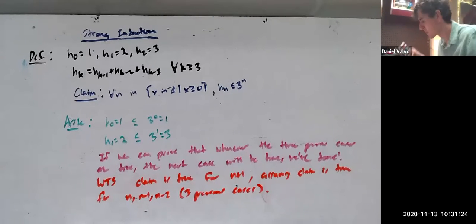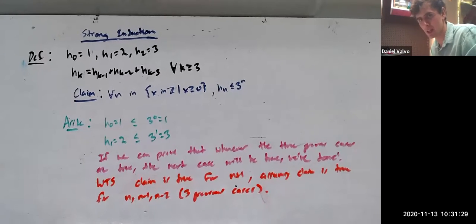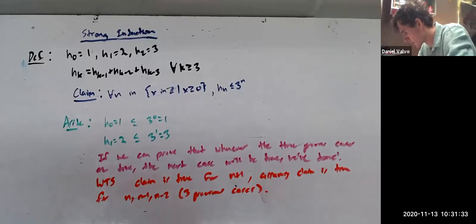I hope this is making sense. So the idea is, once again, to prove the next case just from the truth of the previous cases. And if we can do that, and we have the base cases, strong induction will take over this chain reaction.